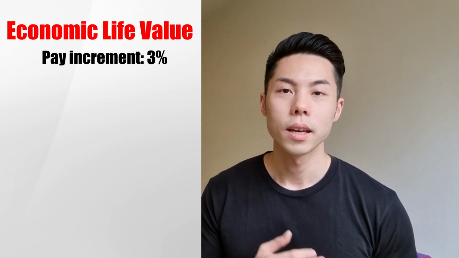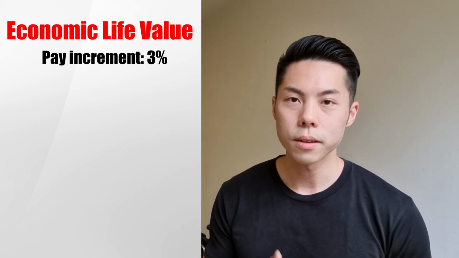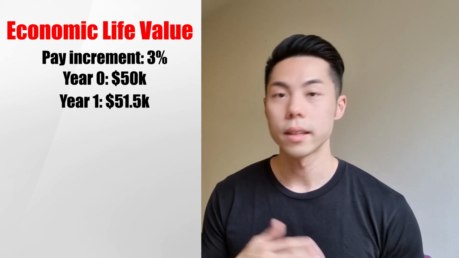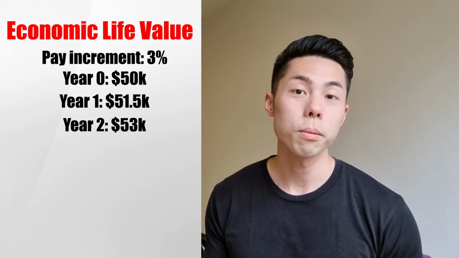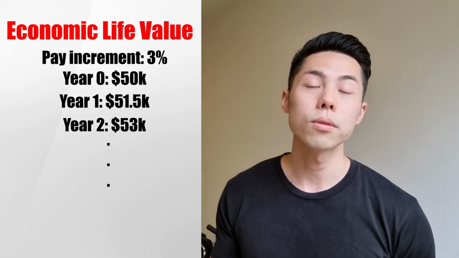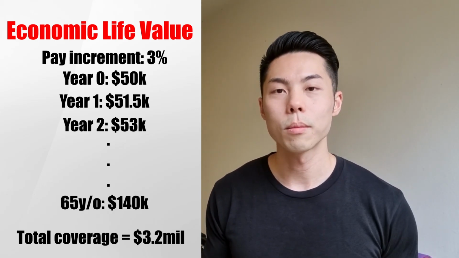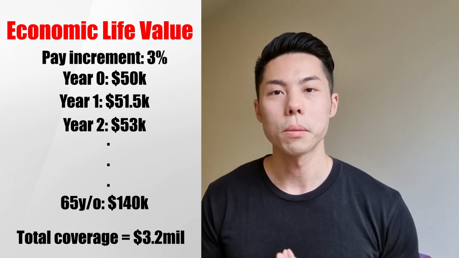For example, if this year I'm earning 50,000, next year I will increase it by 3%, and the next year by another 3%, and so on and so forth until I'm age 65, and then I will add all of the yearly income together to form my coverage amount.